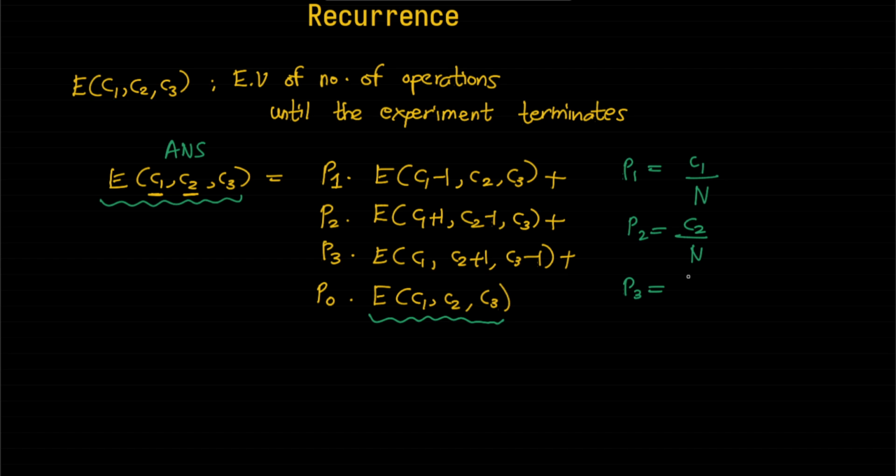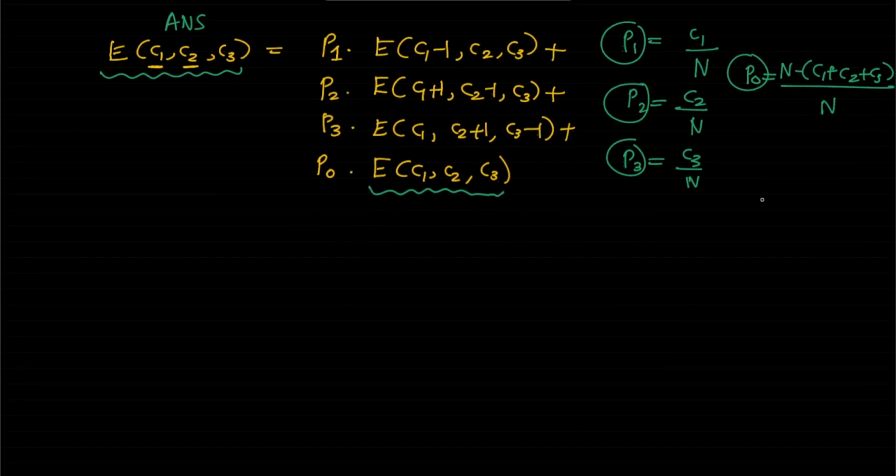Similar for P3, and P0 would be derived from this, C1 plus C2 plus C3 whole divided by n. I am keeping these variables intact so that the equation remains simple.